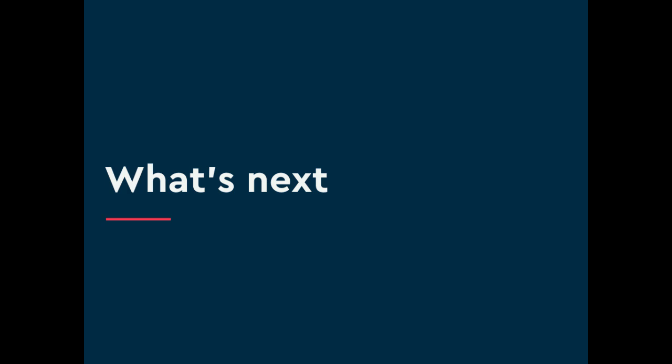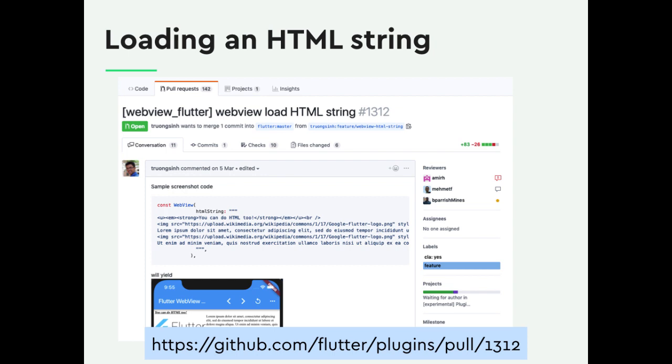Not everything is bad news. The Flutter team and the community are working hard on improving this plugin and making it ready and feature complete. There are things in the pipeline, and you can see everything on GitHub. A good thing I've seen in the pipeline is the ability to load an HTML string.